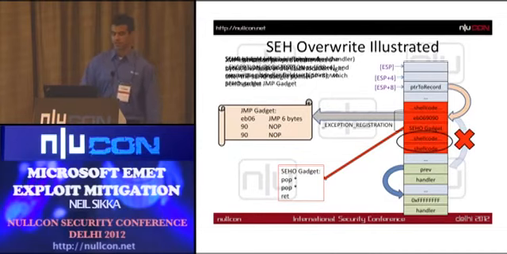But since we overwrote the handler address with the address of the SEH overwrite gadget, which is a pop pop ret, it's going to execute pop pop ret. But as you can see at the top, ESP points to the top of the stack, ESP plus 4 points one DWORD underneath that, and ESP plus 8 is one DWORD underneath that. So you would pop, pop ESP plus 4, and then ret to ESP plus 8.